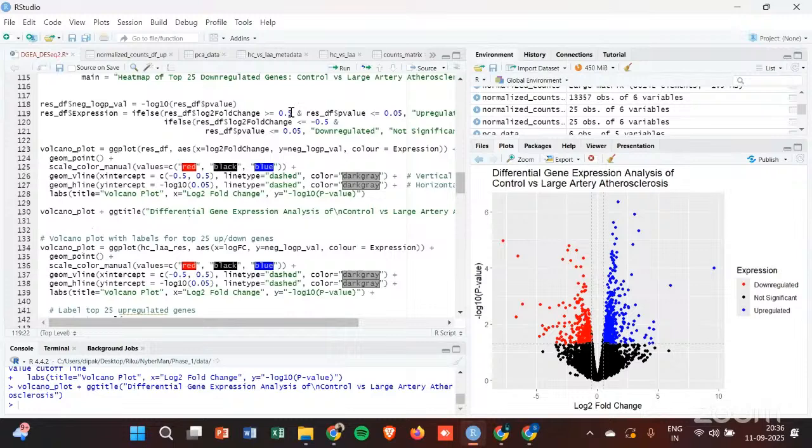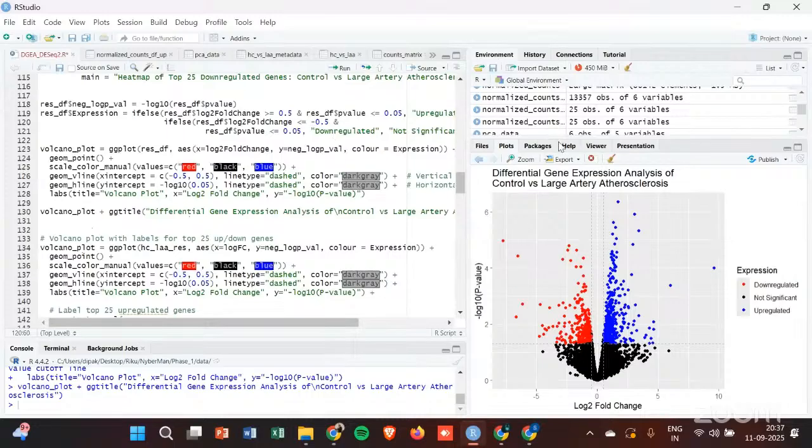Whatever log fold change cutoff you report in your document, you should always use that log fold change cutoff in the plot as well. That is really important. Here we are just creating a column.